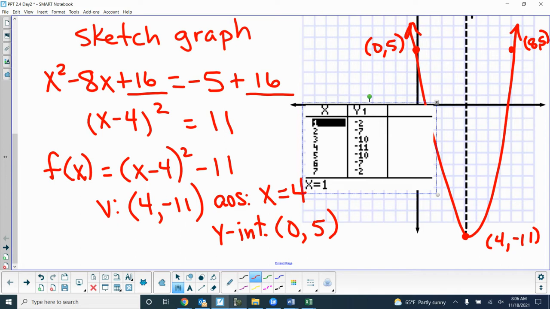Okay? And then 18 also had a -2 for a, so it's going to open down. And then it's -2 times the quantity x plus 1 squared plus 7. And the vertex was -1, 7, and the axis of symmetry was x equals -1. So you had to do 9 to 18, right?